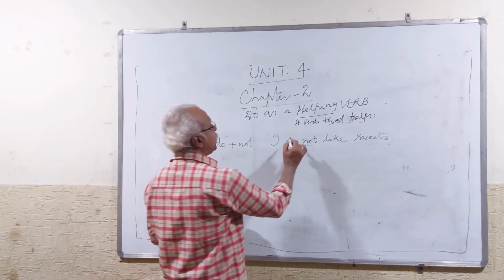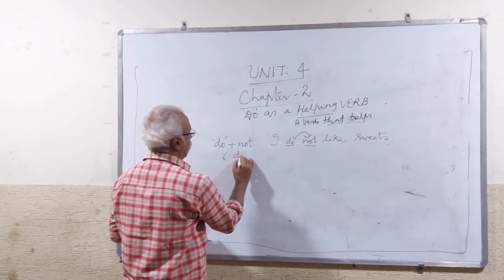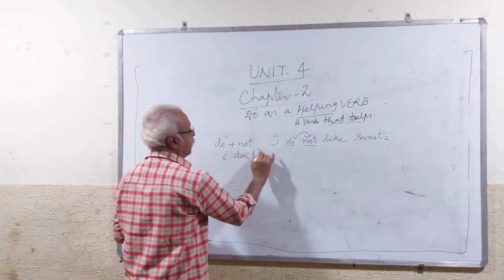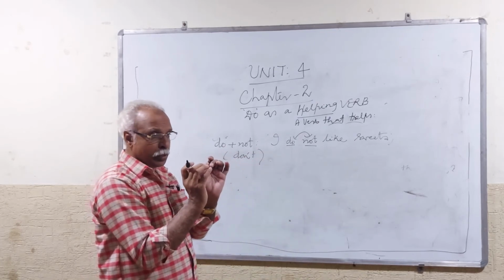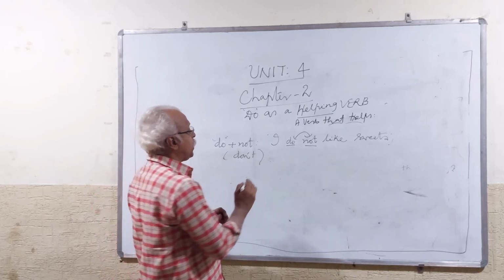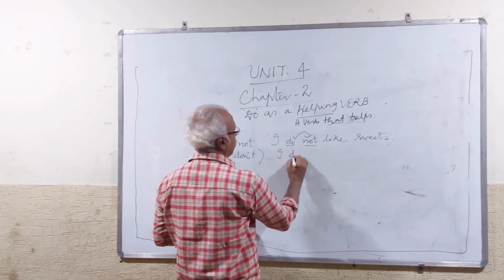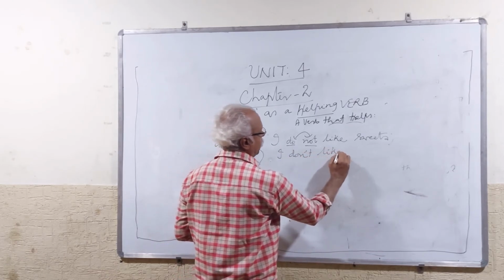Suppose these two are contracted like this. Contraction means making two into one. Suppose it's written like this: I don't like sweets.